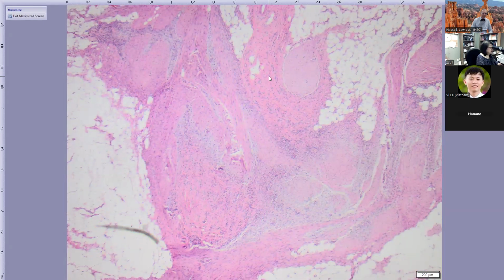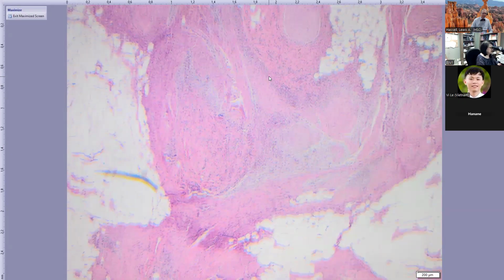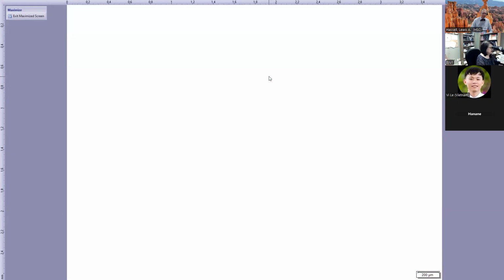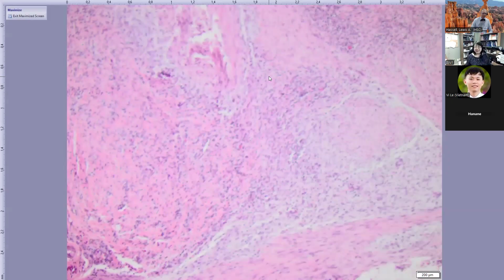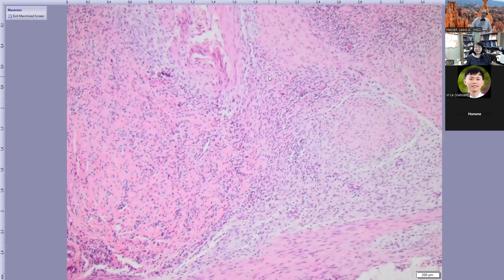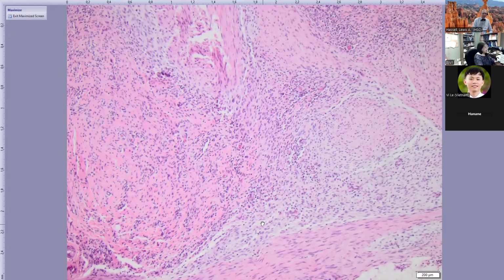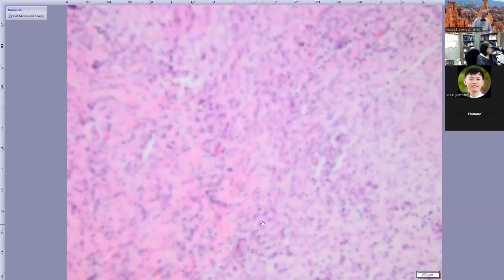Yeah, I think that's classic. Try to focus on my screen. Again, this is a fibrous tissue, kind of bland, fibroblastic, myofibroblastic. Here, pay attention to the small cells and take a close look at those small cells.